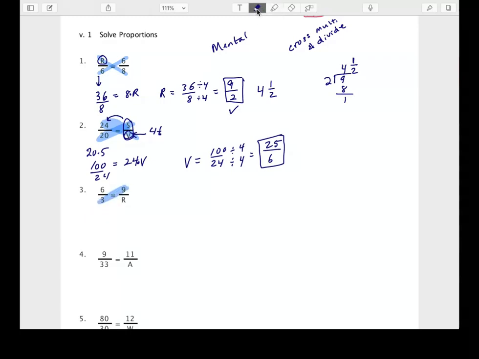We're going to cross multiply. We get 27 equals 6r, and then divide by 6. And so we get r equals 27 over 6, and I'm like, oh, divide by 3. 9 over 2. Done. Put that in as a fraction, should be sufficient.